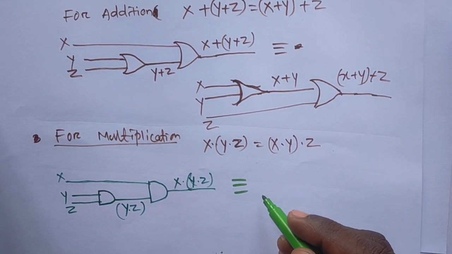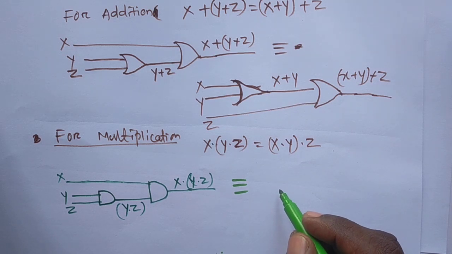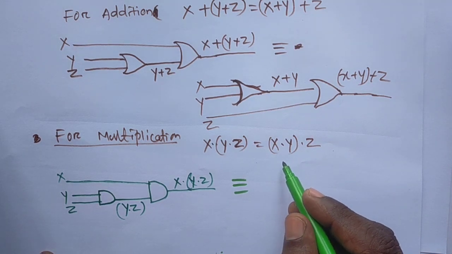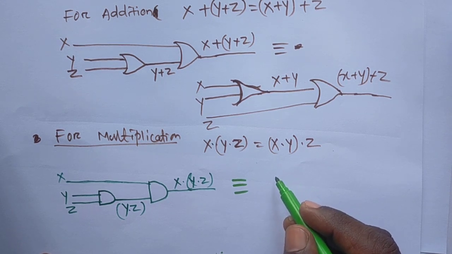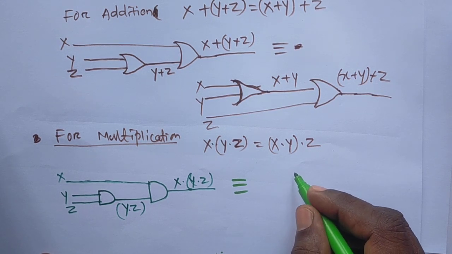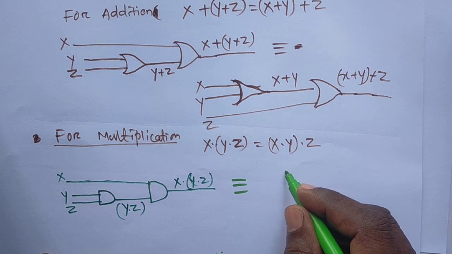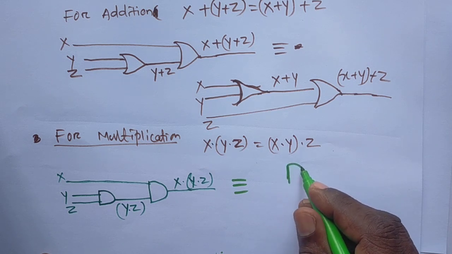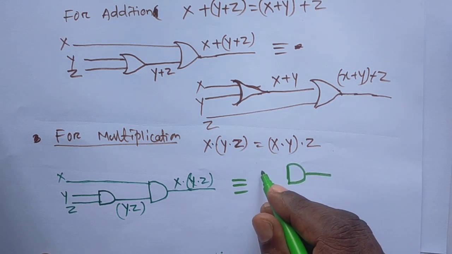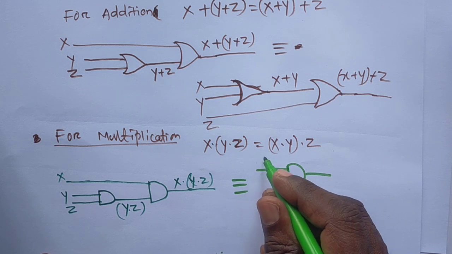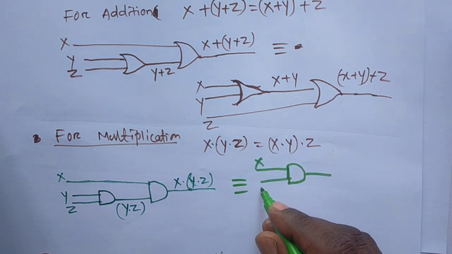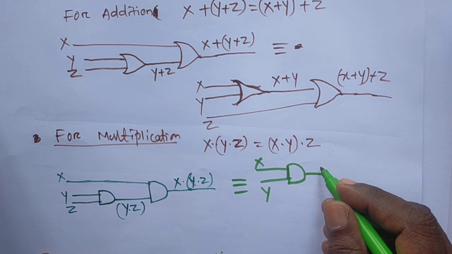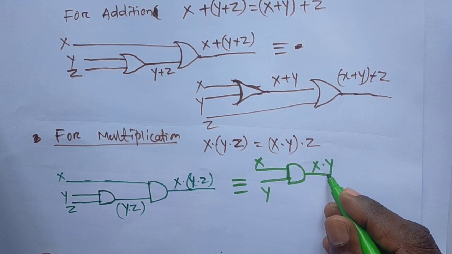How? This is y into z. Y into z means we write here x and y, x dot y.